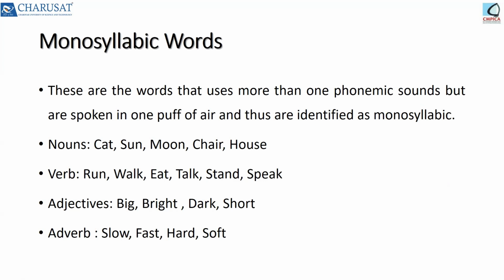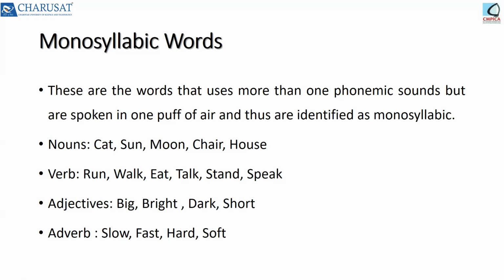And when that word is monosyllabic, such as cat, sun, moon, chair, house, run, walk, eat, talk, stand, be it in any category, nouns, verbs, adjectives, or adverbs, it will always have the stress on the very first sound. In these nouns, cat, sun, moon, chair, house.